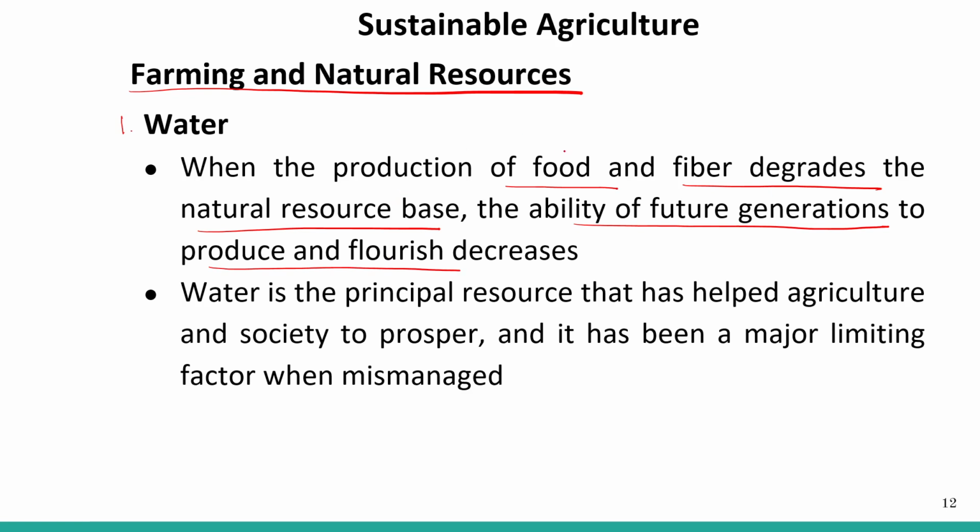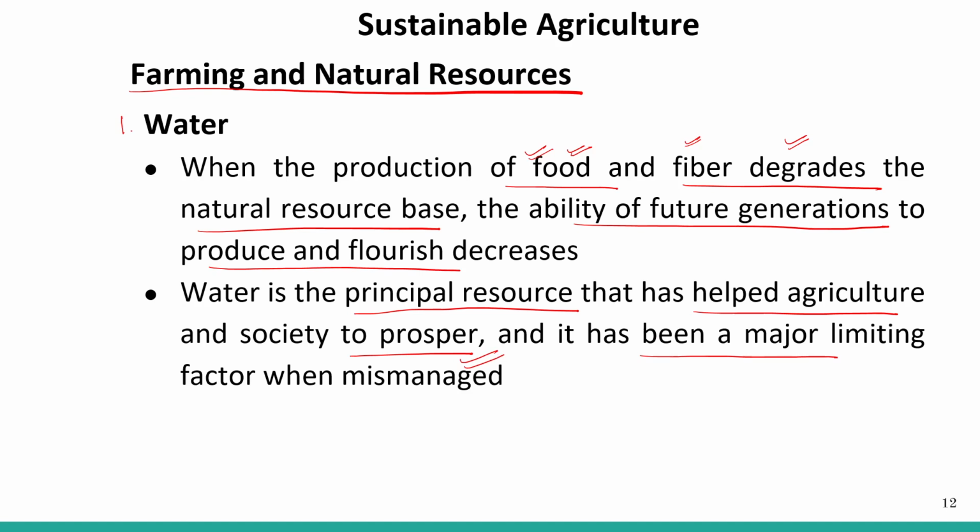So food and fiber is very important. And water is the principal resource that has helped agriculture and society to prosper, and it has been a major limiting factor when mismanaged.